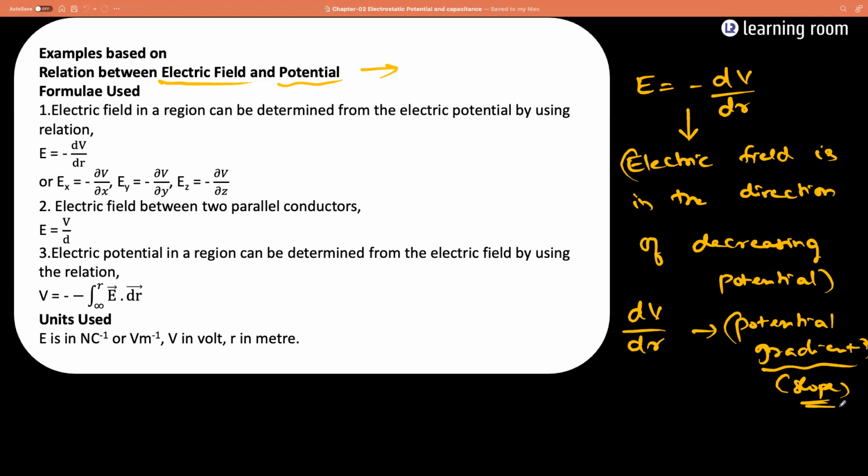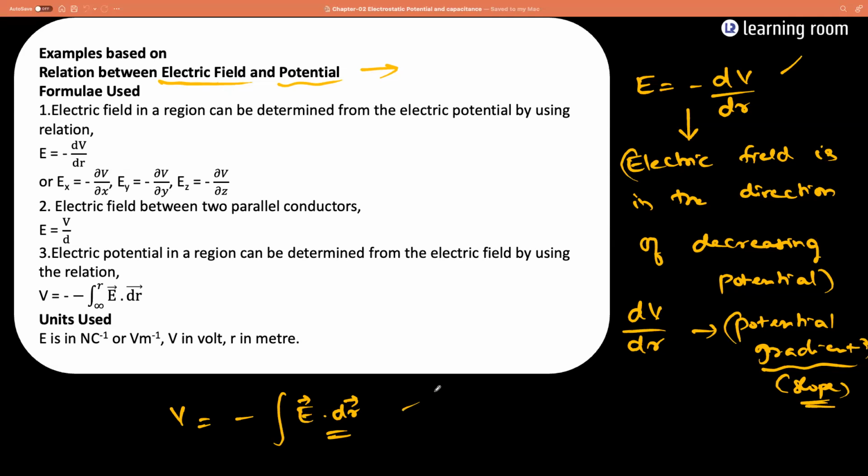So sometimes if they give you the potential as a function of R and ask you to calculate electric field, differentiate the potential with R. If they give you electric field and ask you to calculate the potential, then V will be equal to minus integral of E vector dot dr. So I hope everybody knows this concept.